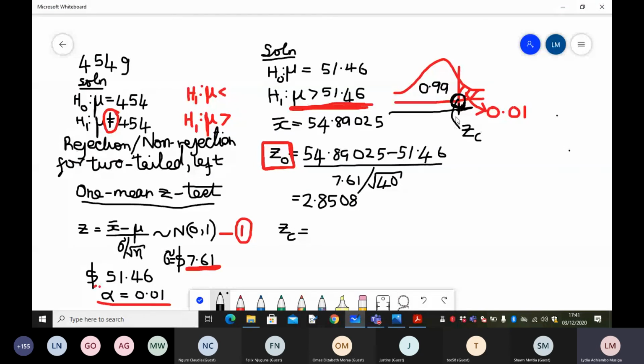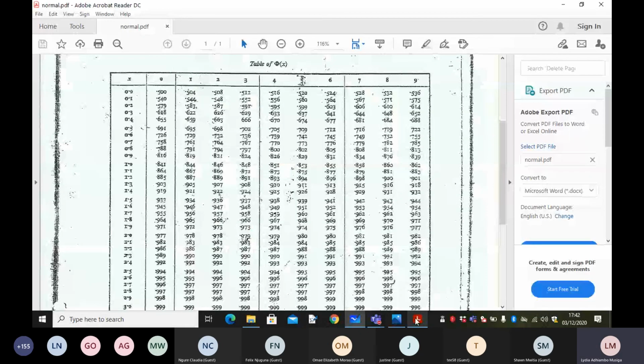We are looking for the z-score value such that the area to the left is 0.99. For us to get that z-score value, we need to look inside the standard normal table. 0.99, I can see 0.990 four times.